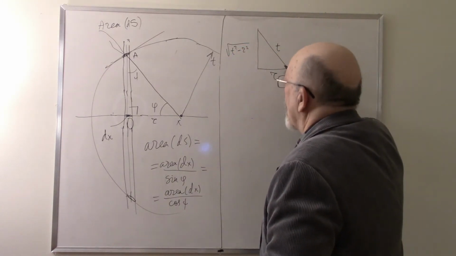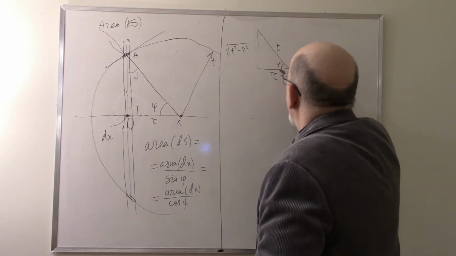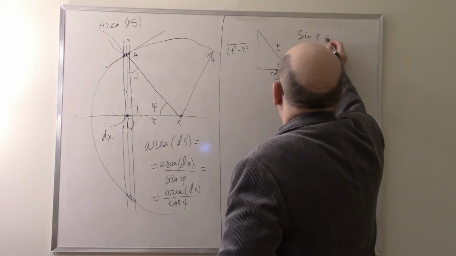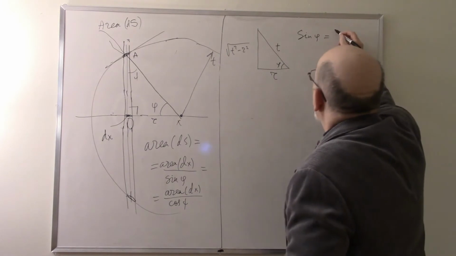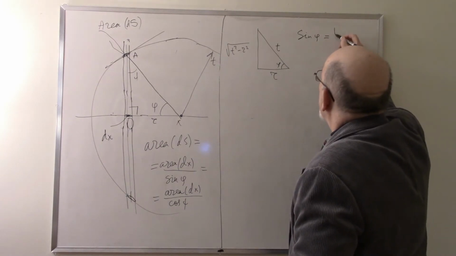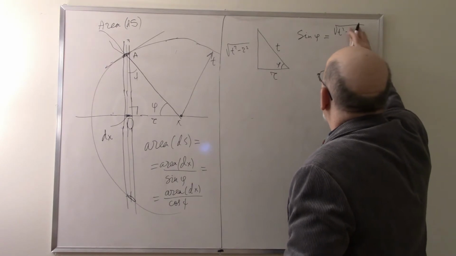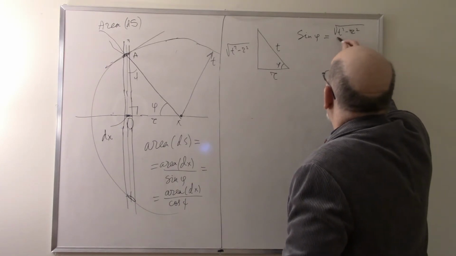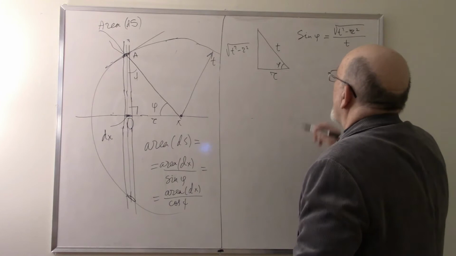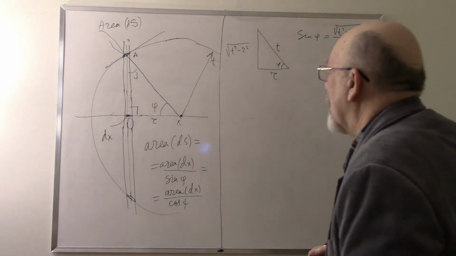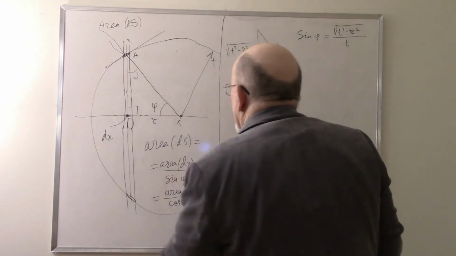And sine phi equals the square root of t square minus r square divided by t. Yes, this divided by this. And we have to divide by sine.